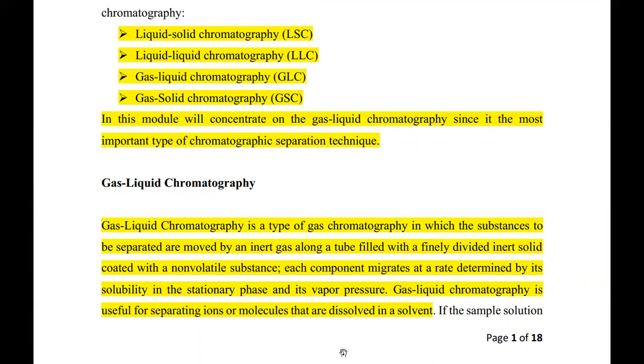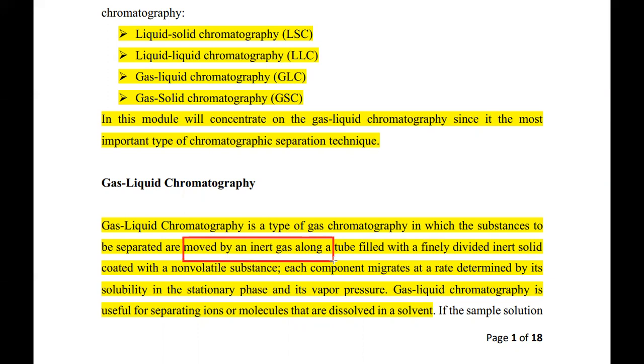It's a very important point because remember we said that a mobile phase is the one that moves the component you want to separate. So the components are moved by the inert gas. The gas is what moves the components, and that gas is the mobile phase because it's moving.